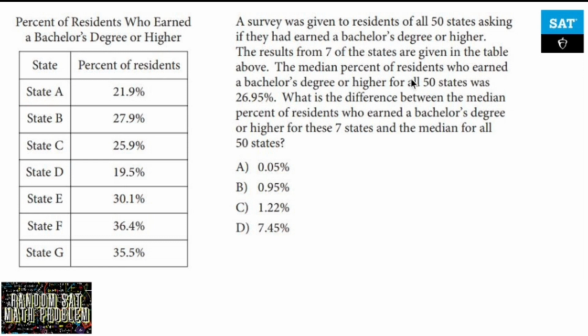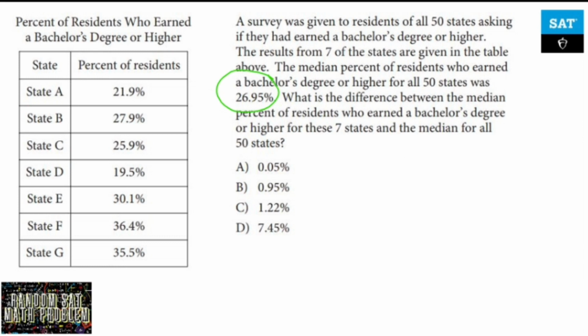The median percent of residents who earned a bachelor's degree or higher in all 50 states was 26.95. What is the difference between the median percent for these 7 states and the median for all 50 states? So they want us to find this median and that median, one minus the other.